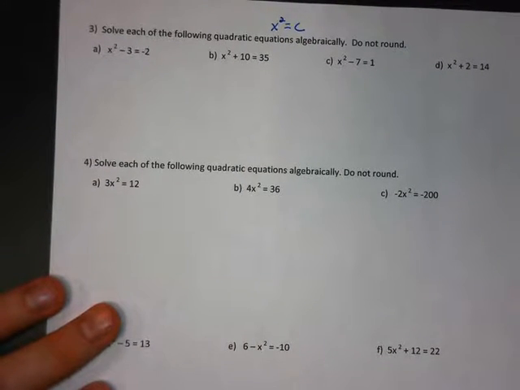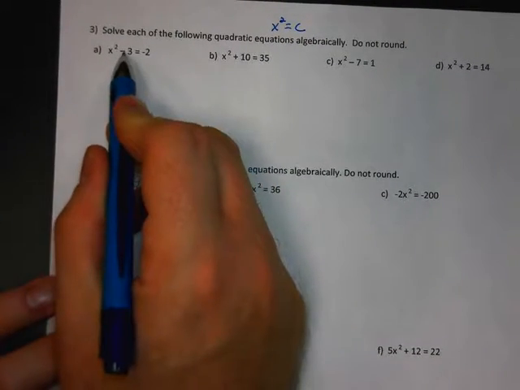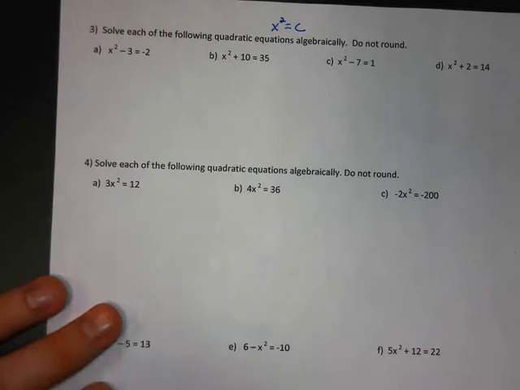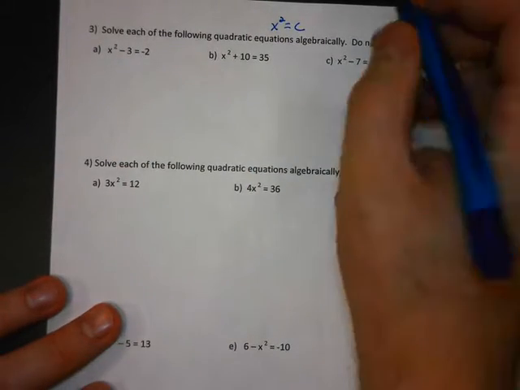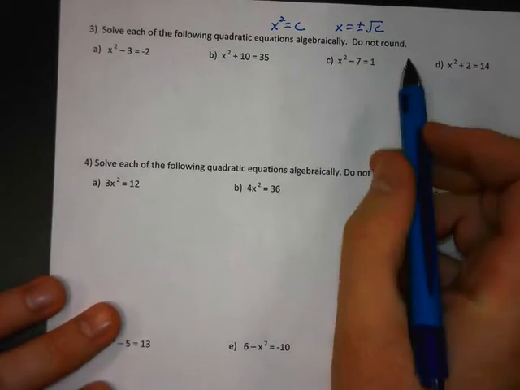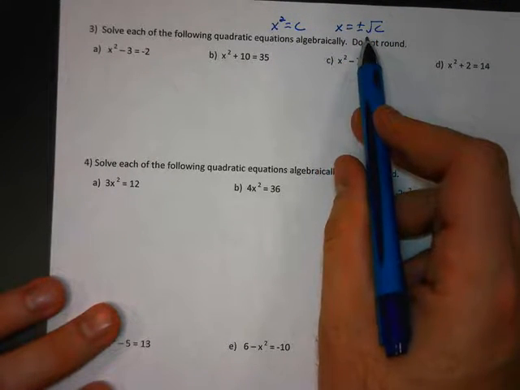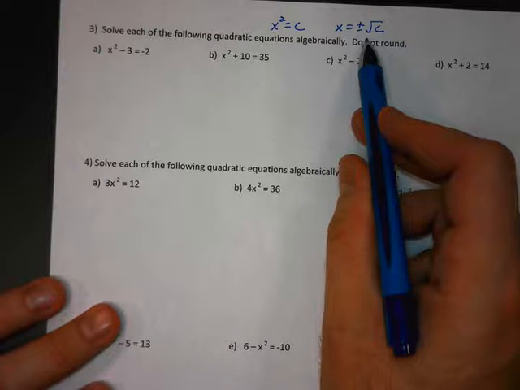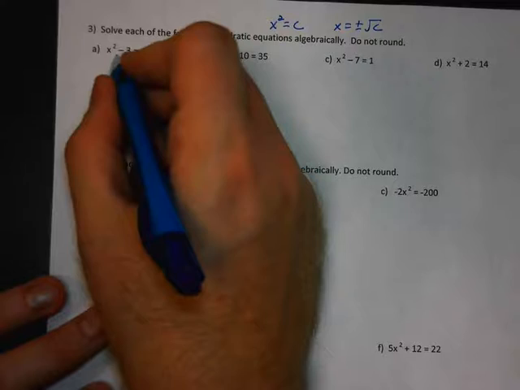So here, you have to add the 3 first. Actually doing x equals plus or minus the square root of c, that is the last step every time. Not the first step, it's always the last step when you're solving using the square root. So we have to add the 3 on this one first.